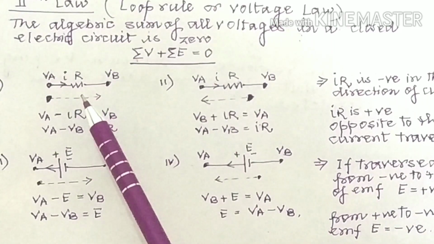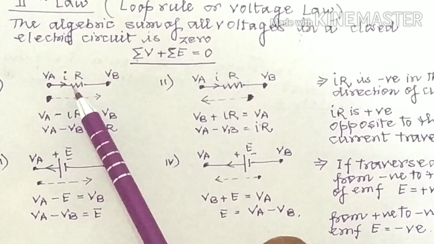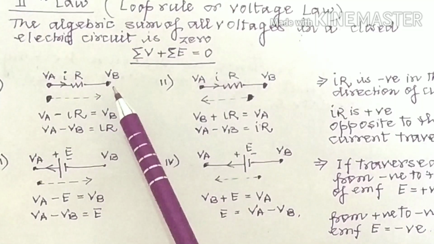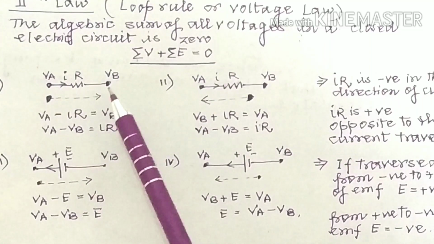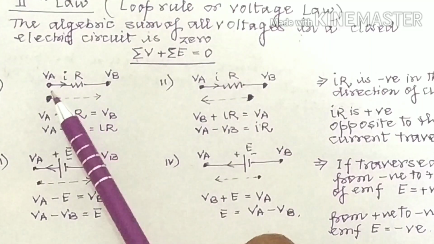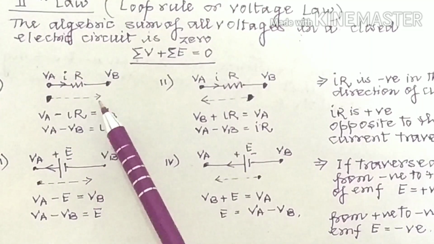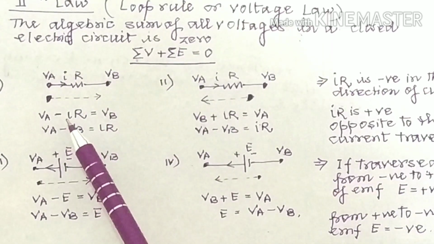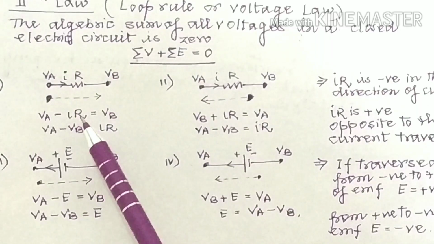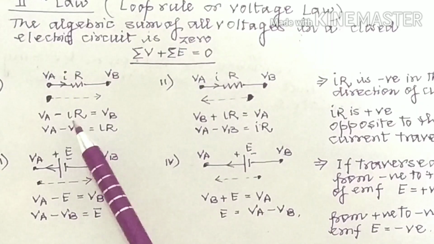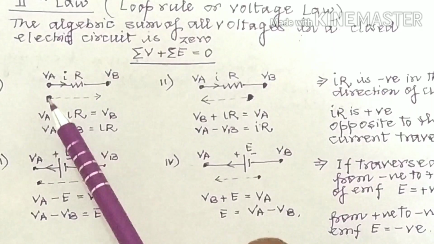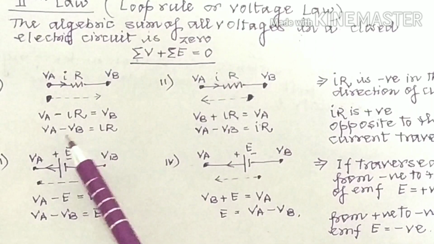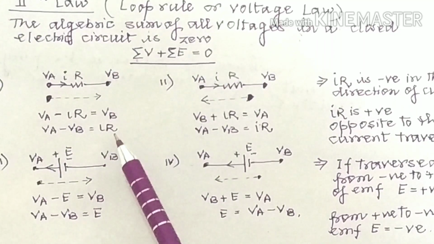This can be written as VA minus IR is equal to VB, because the potential at B will decrease. So if you are moving in the direction of current, then the potential will decrease by the amount IR. So you can write VA minus IR is equal to VB, or VA minus VB is equal to IR.